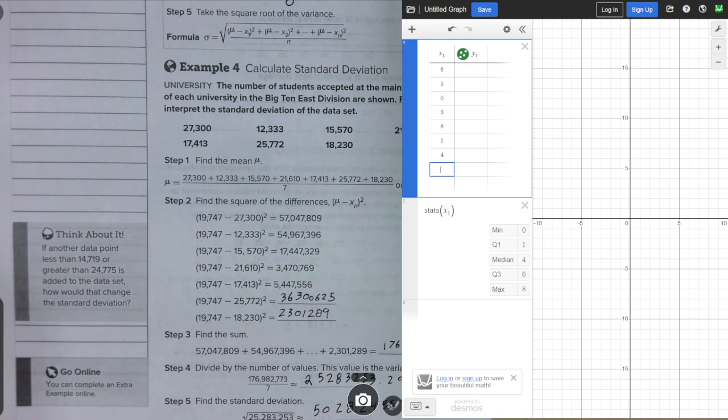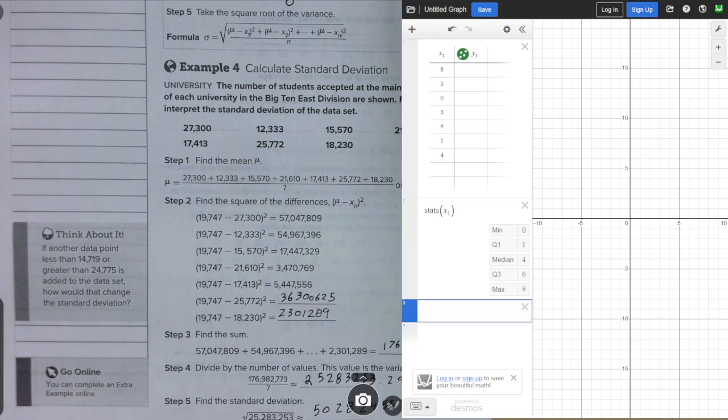First, let's see if we can get the command. S dev, no. One quick second to look it up.